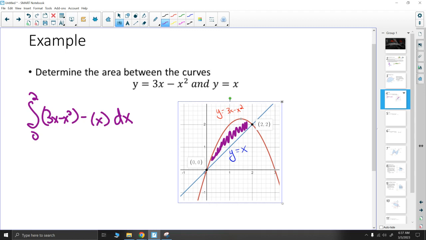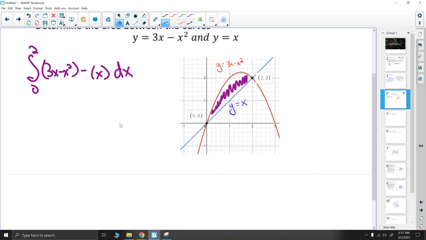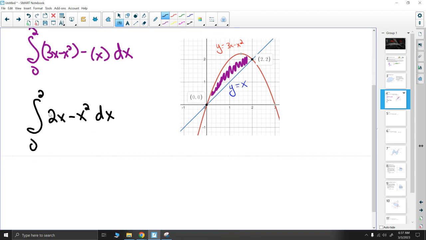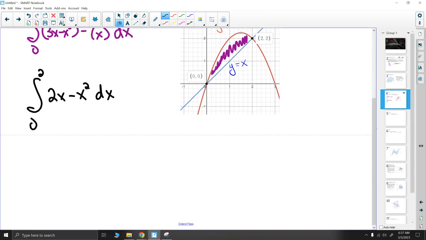And again, we know we're using the x's because we're dealing with this with respect to x, and we're integrating from 0 to 2 on the x-axis. All those things help us know which to use. So 3x minus x is going to be, this is the integral from 0 to 2 of 2x minus x squared dx. Okay, so this will find the area between these two curves.